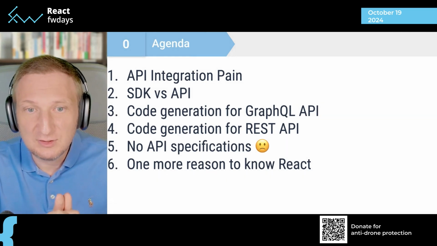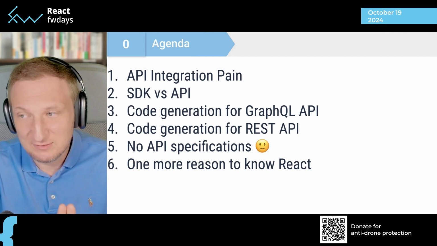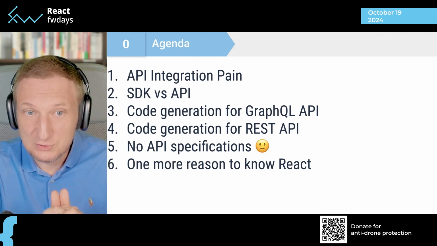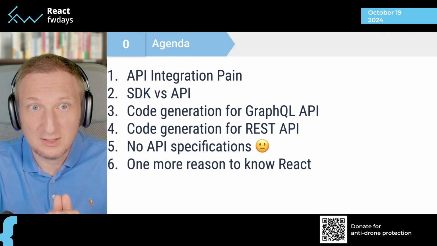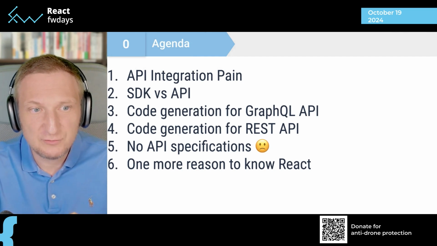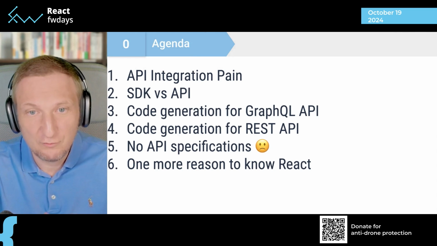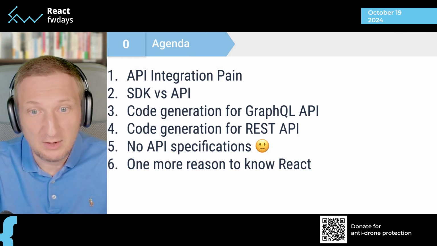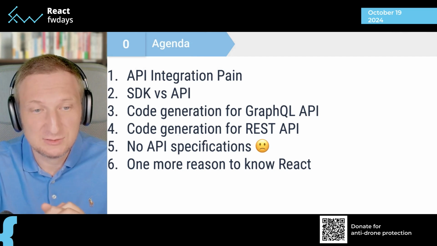Next, we will see the difference between SDK and API, and I truly believe that after that, you will see the difference. Next, we will have two examples of code generation for GraphQL API and for REST APIs for your React application.